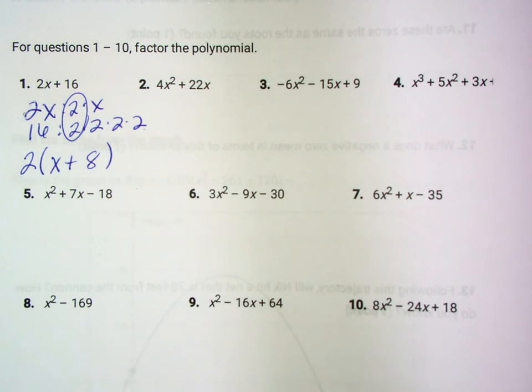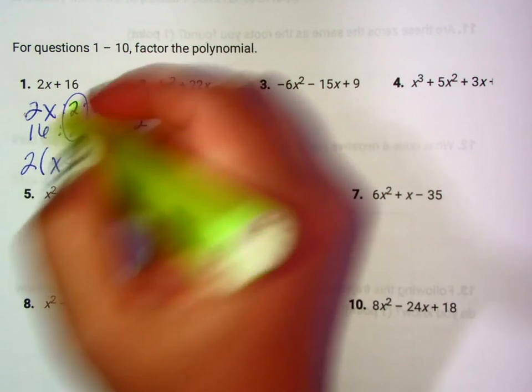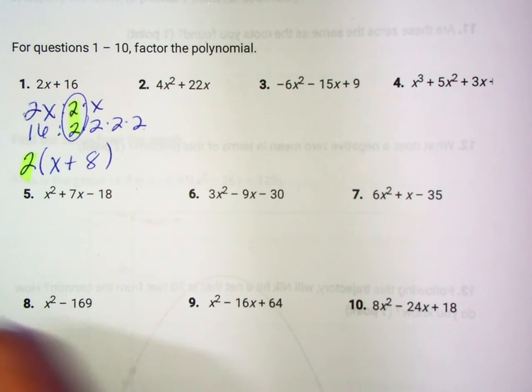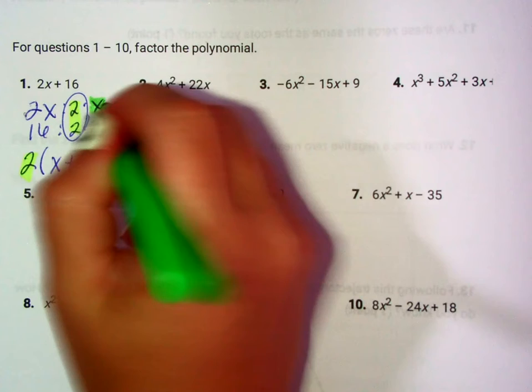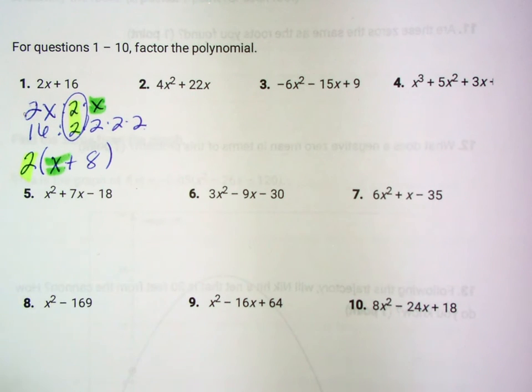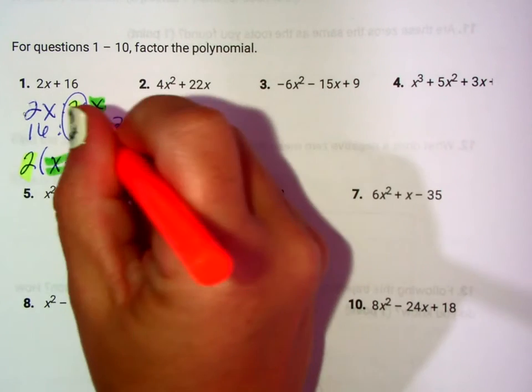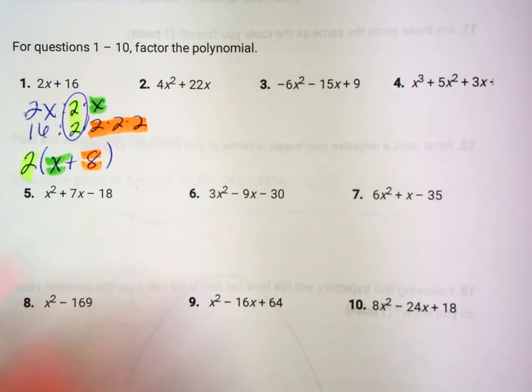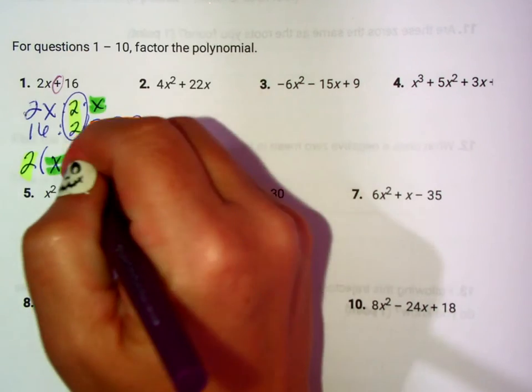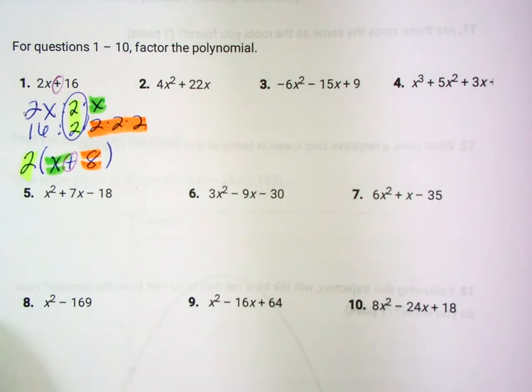So out in front is what's in common, left inside from each term. In the first term, there's just an x. In the second term, there's a 2 times 2 times 2, which makes 8. And then the sign in the middle was a plus, so the sign in the middle stays a plus.